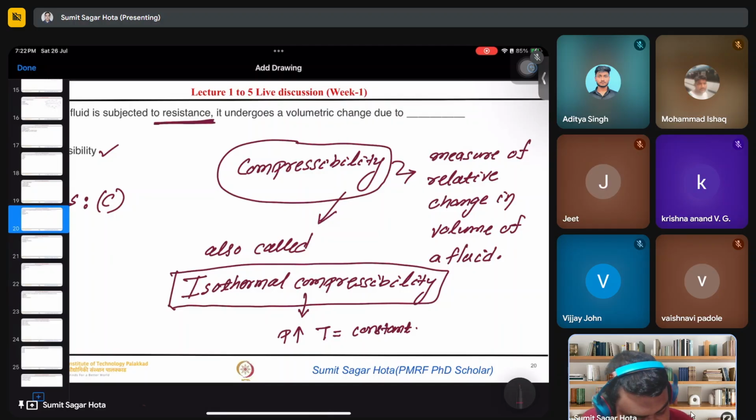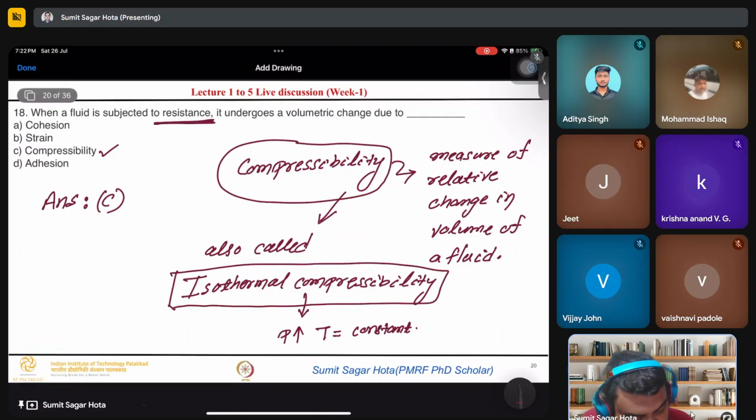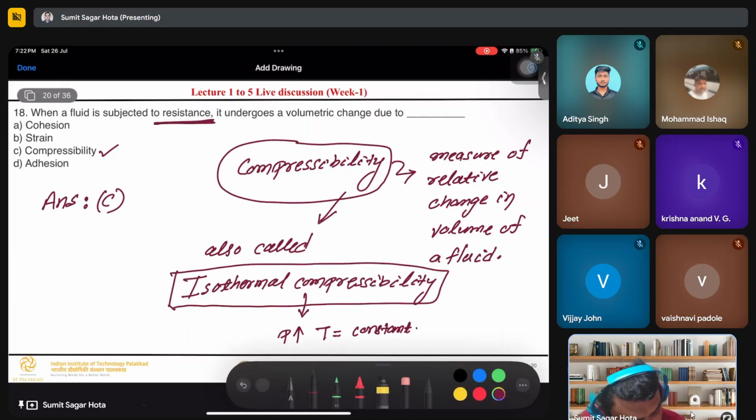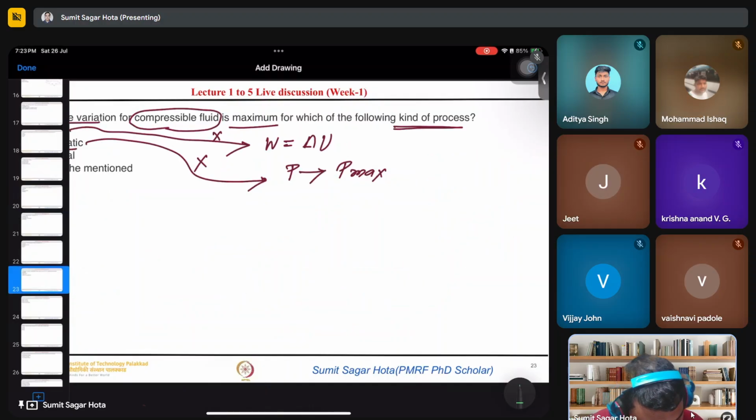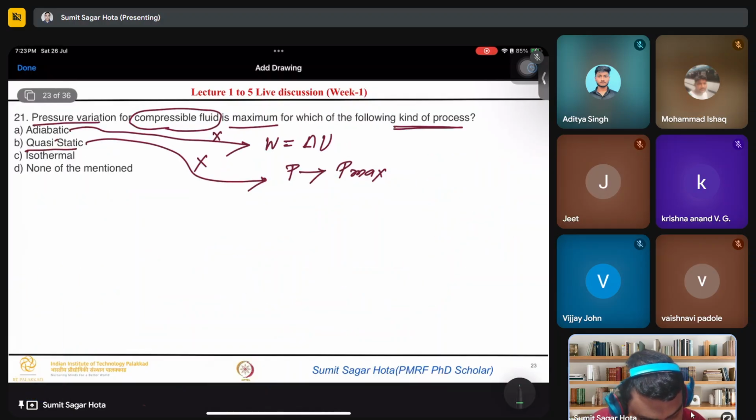One thing is not mentioned here: it can also be applicable to compressible fluid. This is a very important statement, and it can be asked: can this isothermal compressibility be applied to compressible fluid? Yes, the answer is true, it can be applied. So our answer will be here.